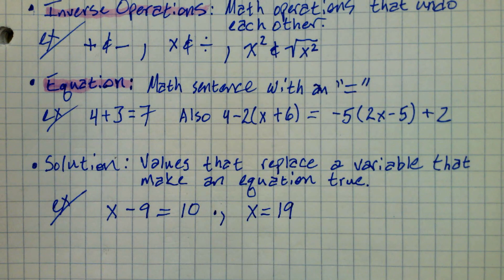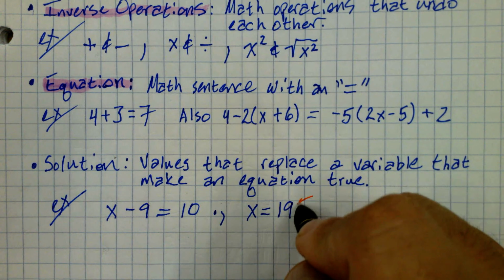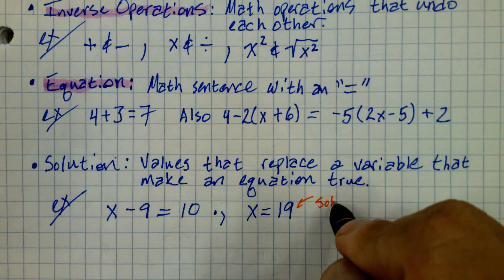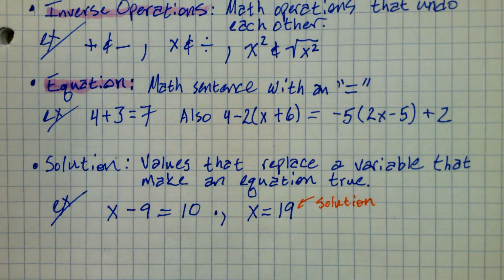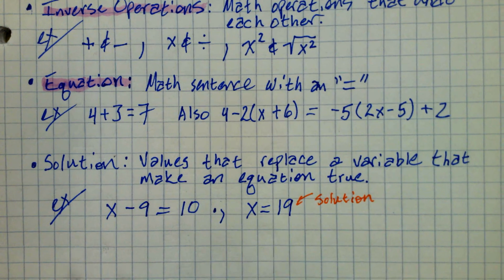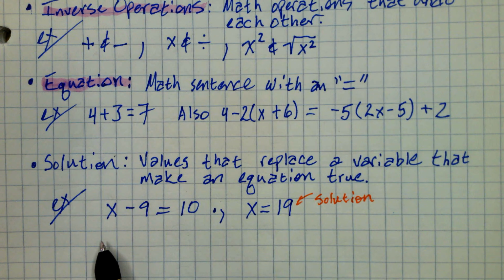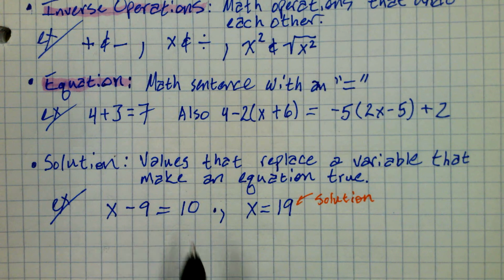Okay, so this is what we would call the solution. Because if I replace 19 for x, I would have 19 take away 9, which is 10. All right. So far, so good, right? Not too bad. This should all be review, I'm hoping.